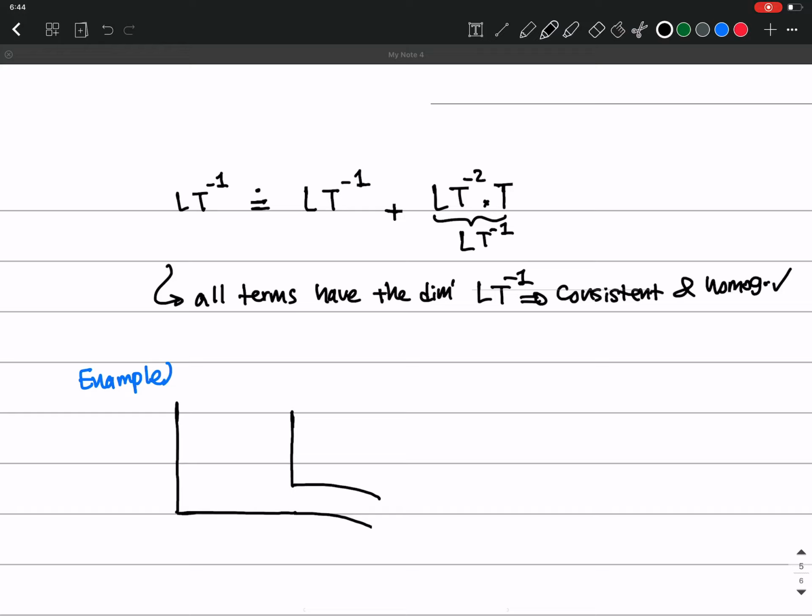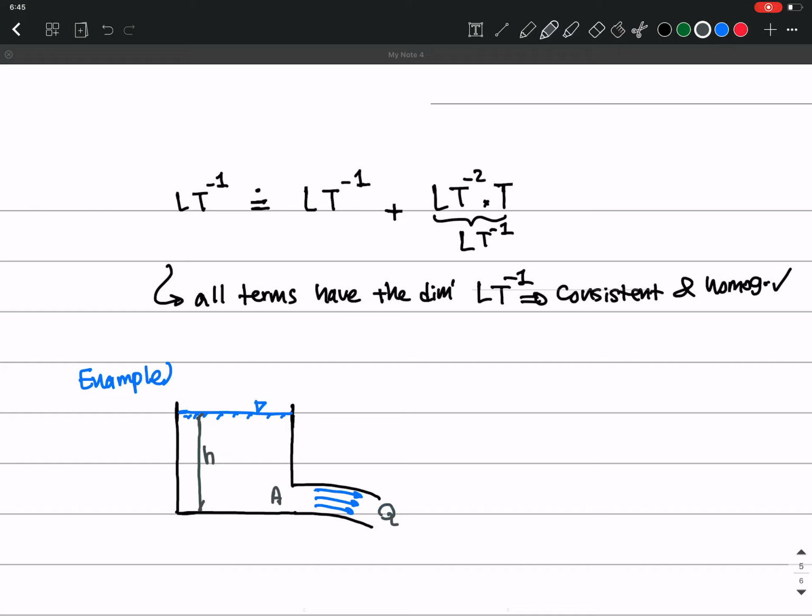The water is up to this level, h, the depth of that. A is the area of the orifice. And the water is just flowing out of this tank of water, okay?